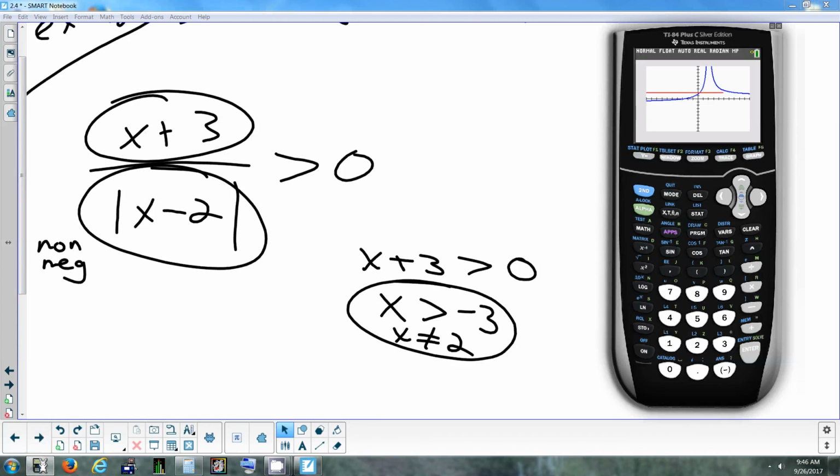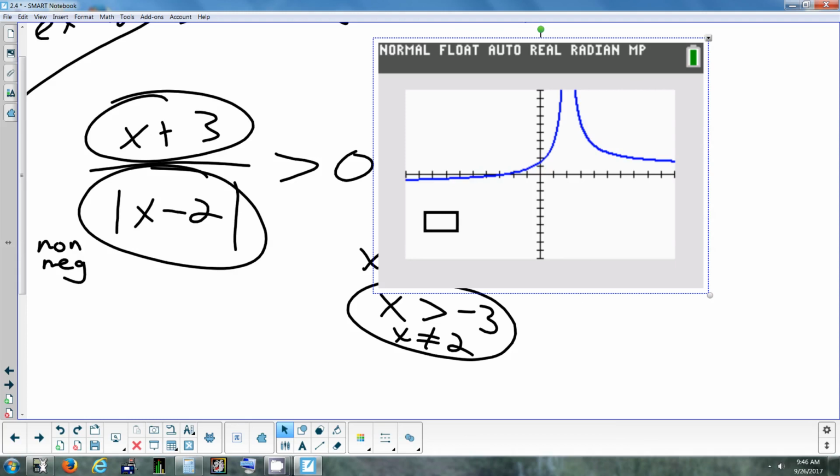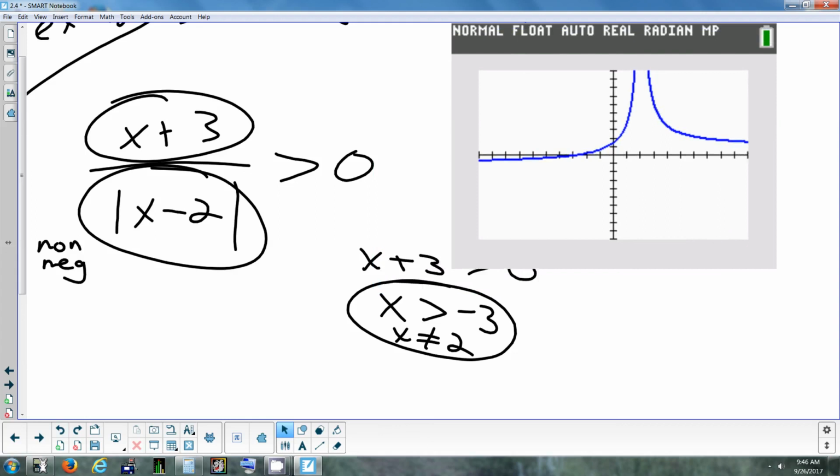And that red line you can ignore, that's from a different problem. As I start off to the left, it's definitely below, and at some point it crosses the x-axis. Where does it cross? It crosses right at -3. And notice if you try to plug in 2, the graph is going up very high right there.